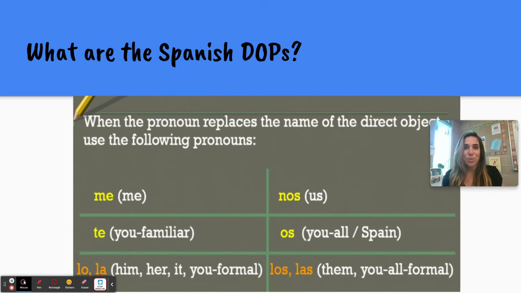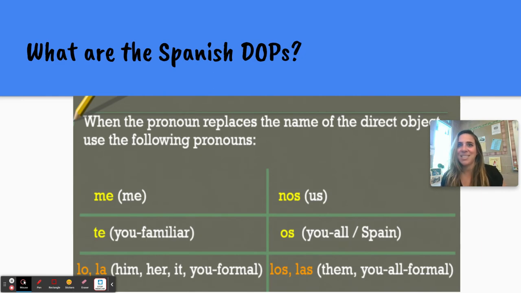Now that you're finished writing these down, let's look at some examples of uses using some of these English direct object pronouns. Here is the first example. In that case, we would use a direct object pronoun, me, because he hit me.